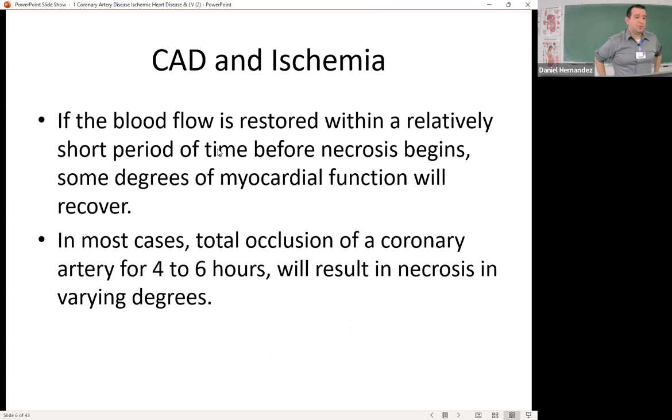So if blood flow is restored within a relatively short period of time, before that necrosis begins, some degree of myocardial function will be recovered. In most cases, total occlusion of a coronary artery for 4 to 6 hours will result in necrosis of varying degrees.